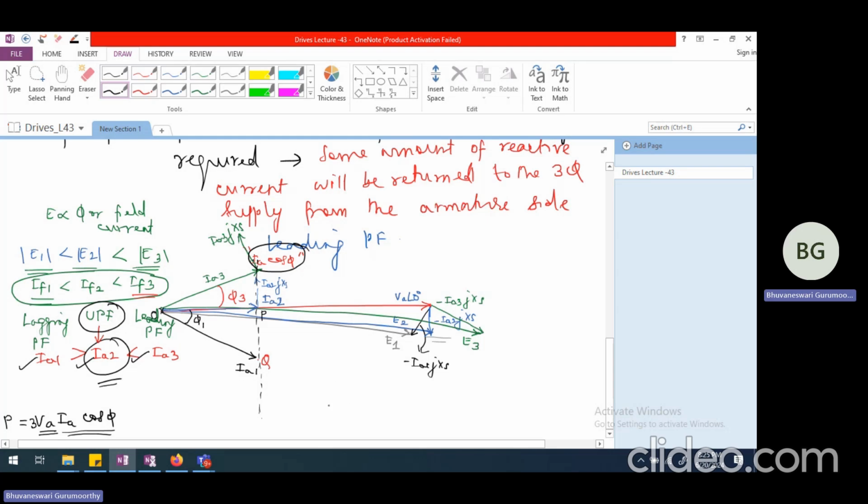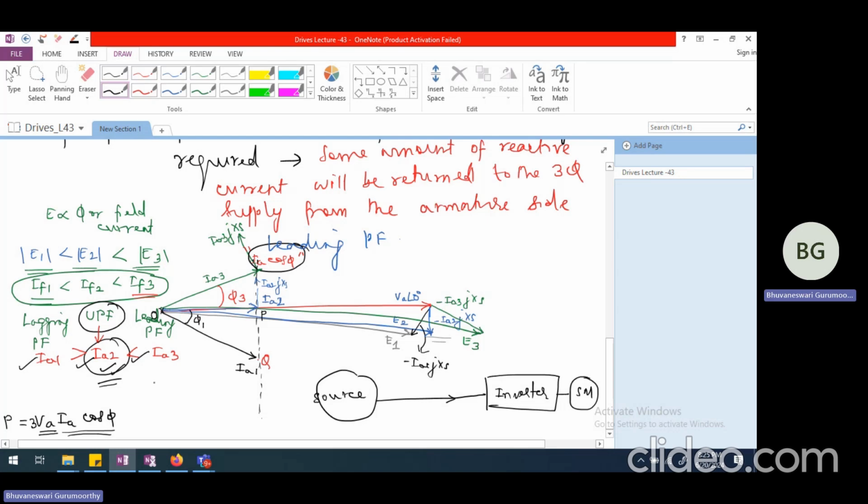Let us say here is my source, the infinite bus source, and from the source I connect through a long cable to the inverter, and from the inverter it is connected to the synchronous motor drive. Then this long cable can be of smaller thickness if the current is decreased because of unity power factor condition, and that will also reduce the I square R losses.